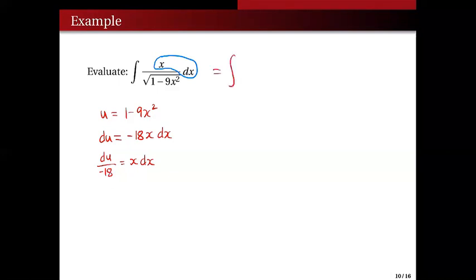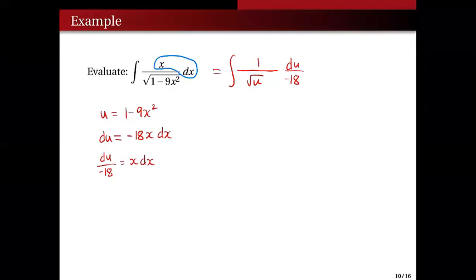So in here, we have the integral of 1 over the square root of 1 minus 9x squared. But 1 minus 9x squared, that's just u. So you have square root of u, and then your x dx becomes du over negative 18.